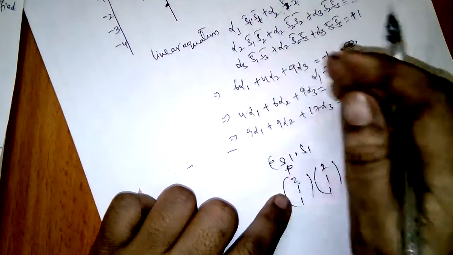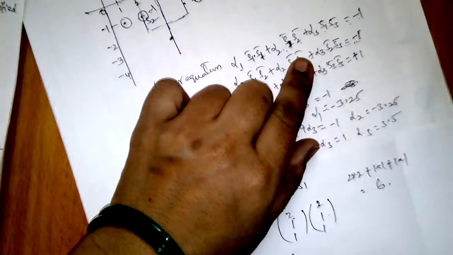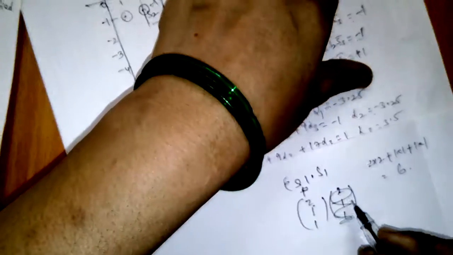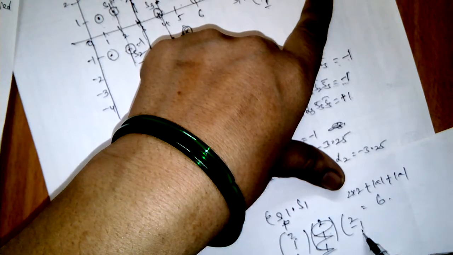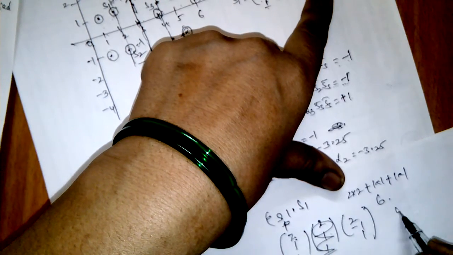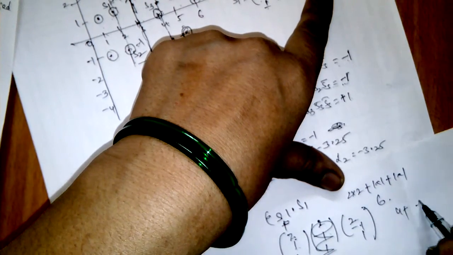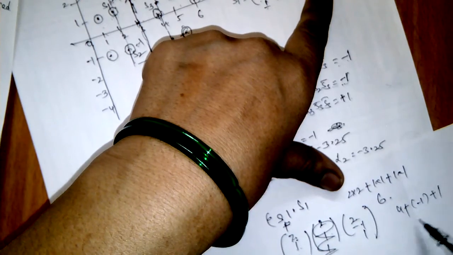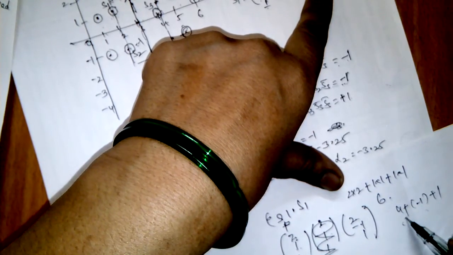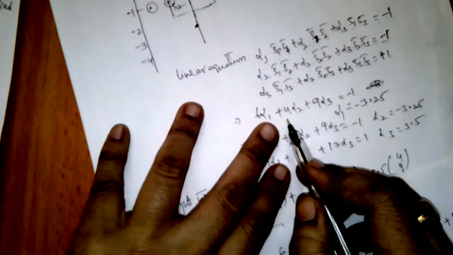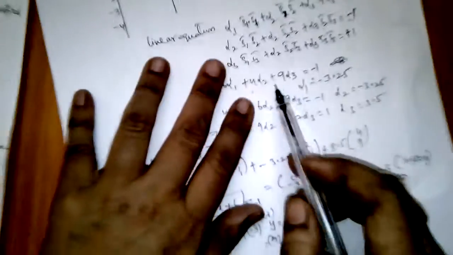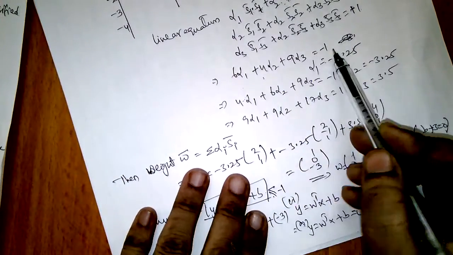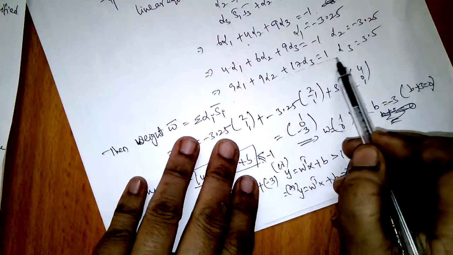That is 6 alpha 1. Next, s1 times s2: s1 is 2, 1, 1 and s2 is 2, -1, 1. Then 2 times 2 is 4, plus 1 times -1, plus 1, so we get 4 alpha 2. Like that you find the values for alpha 1, alpha 2 and alpha 3.